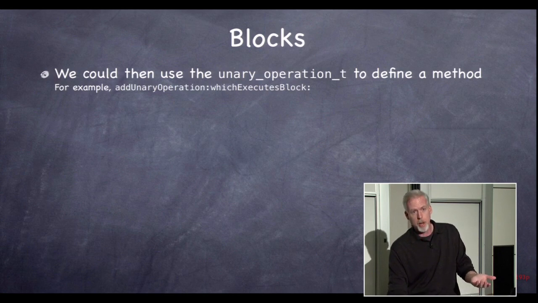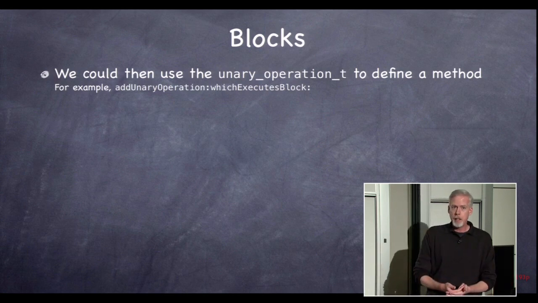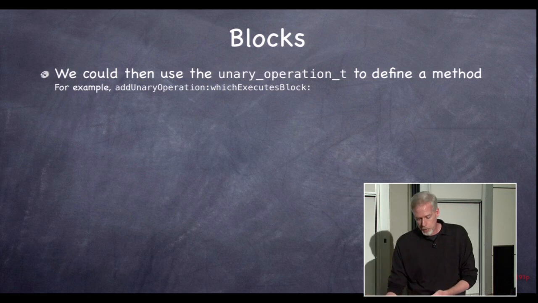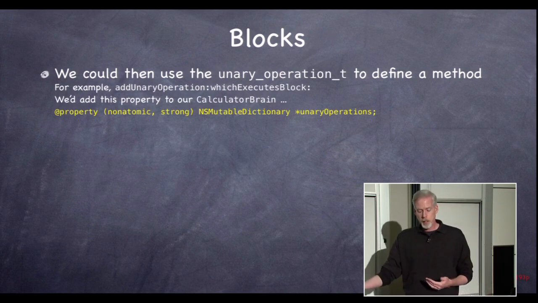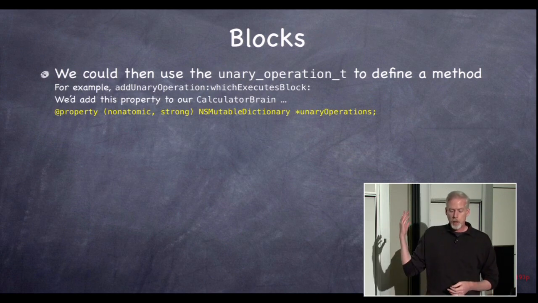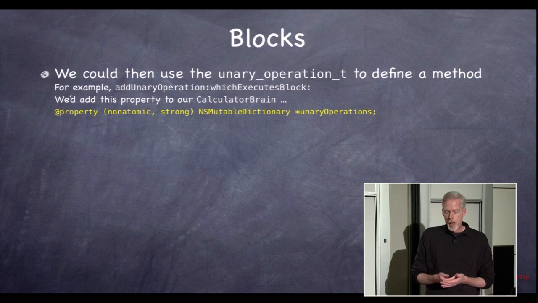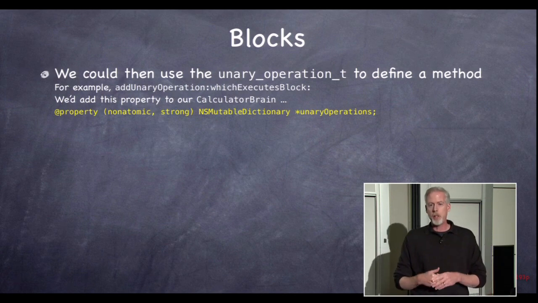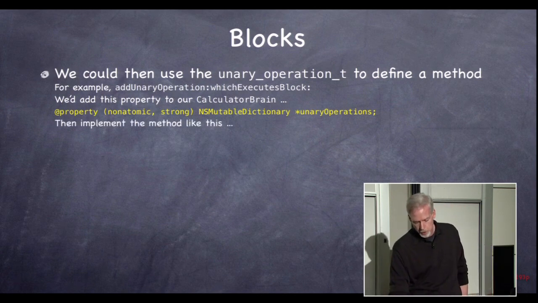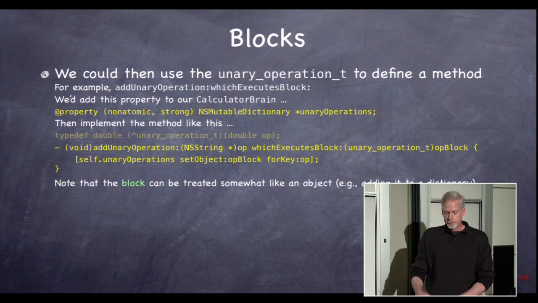For example, addUnaryOperation:whichExecutesBlock:. Its second argument is a block that takes a double and returns a double. So we could use unary_operation_t to declare that method. So here's what it would look like. First, we're going to add a property to our calculator brain, which is an NSMutableDictionary called unaryOperations. So it's just a dictionary that's going to hold all of our unary operations. A dictionary, remember, is key-value.